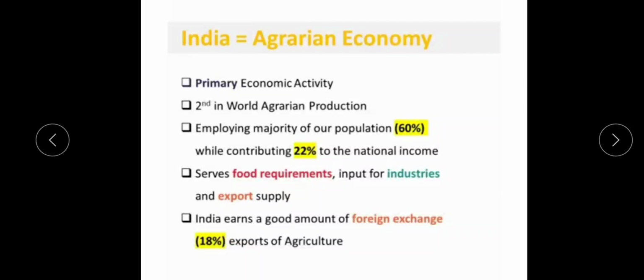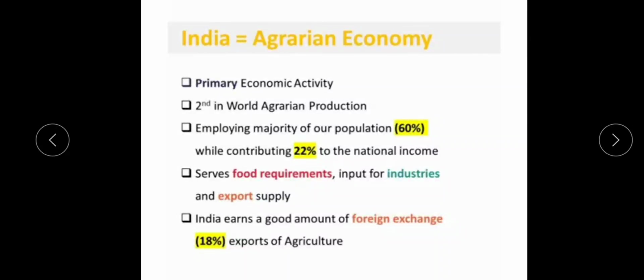Because of that, India earns a good amount of foreign exchange by exporting agricultural products. And because of that, it is rightly said that India is an agrarian country. This is the most important part.